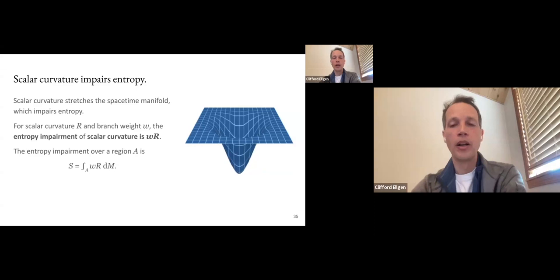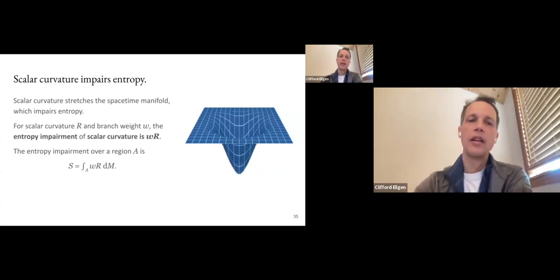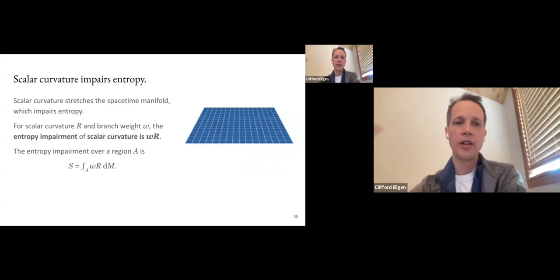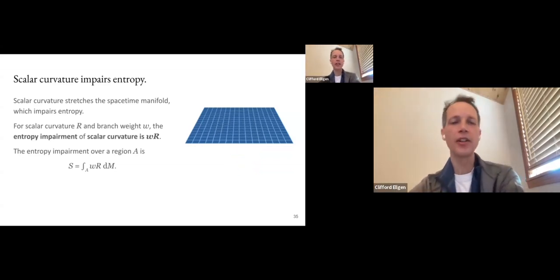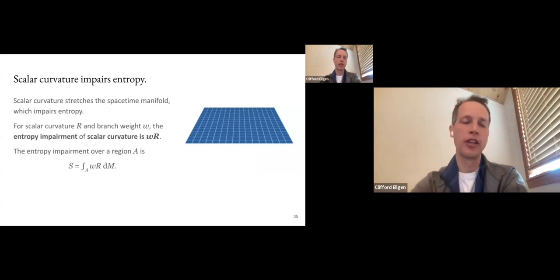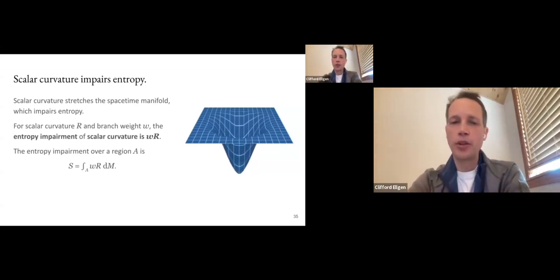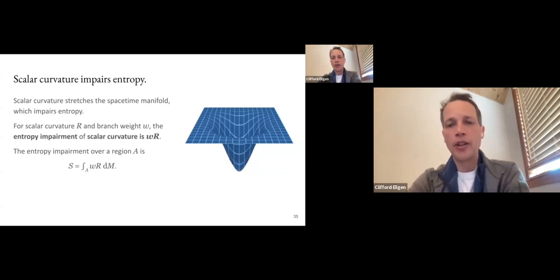And so I'm going to ask, well, how much is the entropy affected? Well, we have a scalar curvature R. That scalar curvature is the leading order approximation of the amount by which the volume changes in response to a change in the metric. And so if we ask how much does the volume increase, the answer is in proportion to the scalar curvature R.